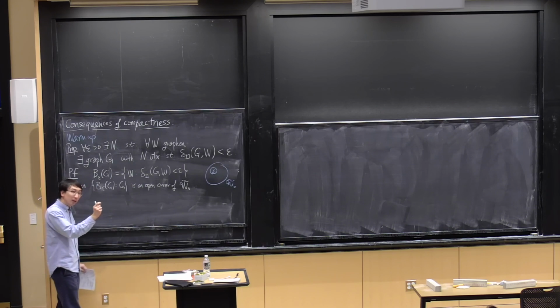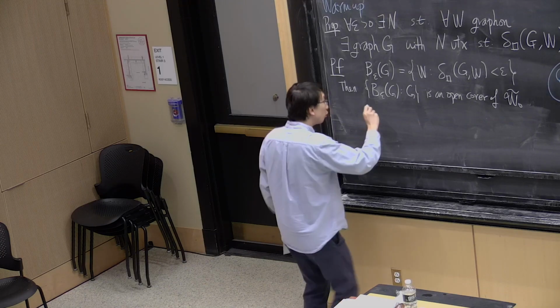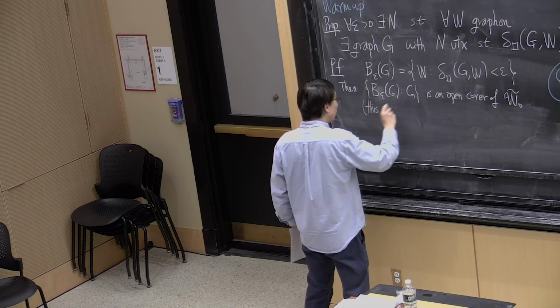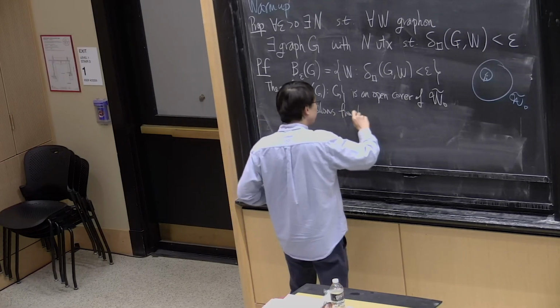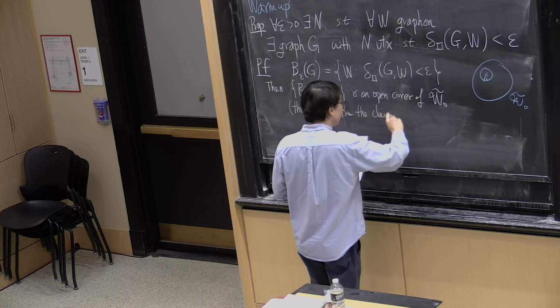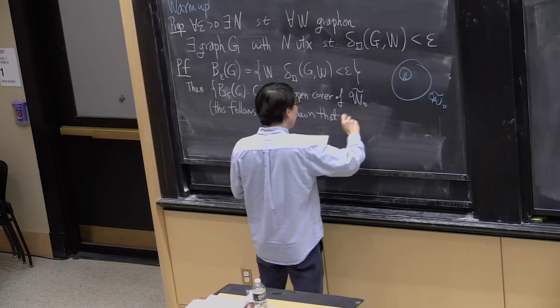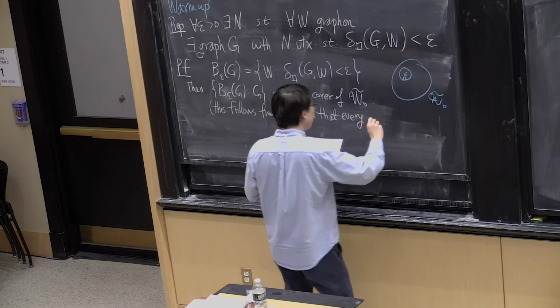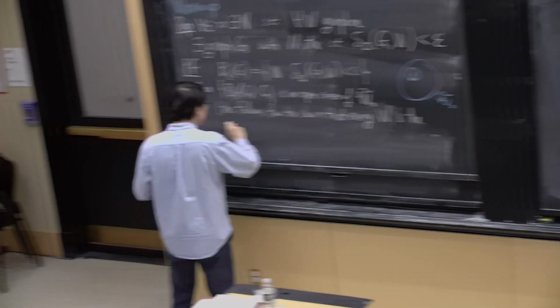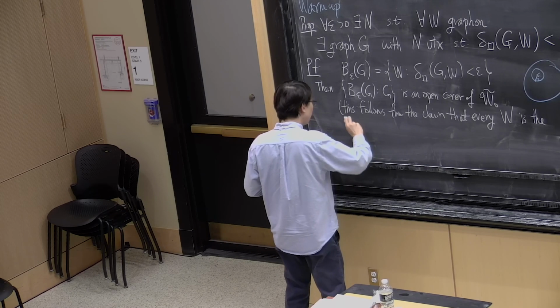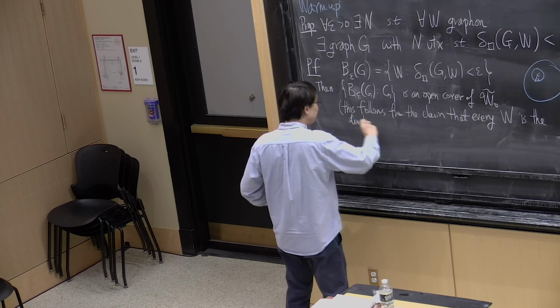I want to show every point W is covered. So this follows from the claim that every W is the limit of some sequence of graphs.